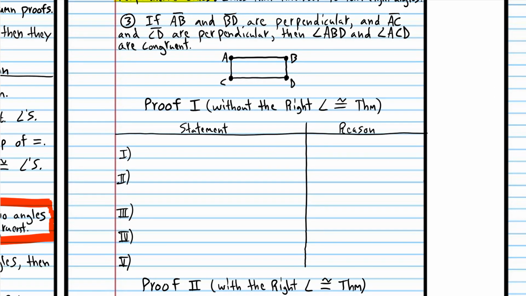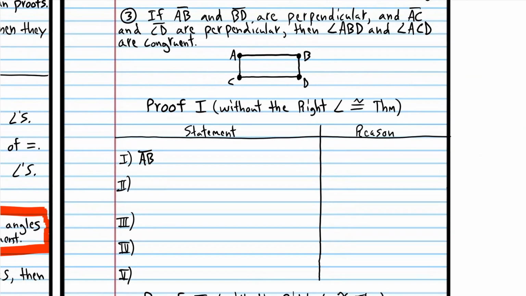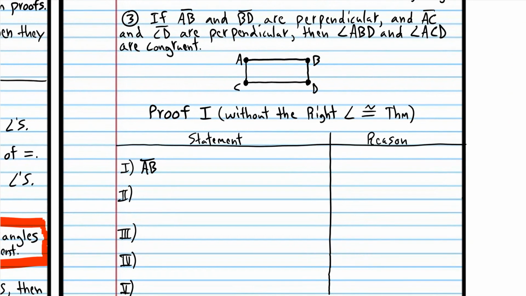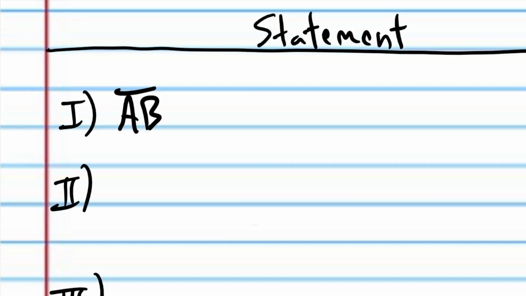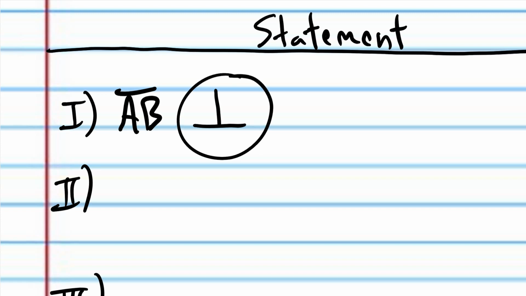So I'll start out with the given information. AB is perpendicular to BD. Now, we're going to use some shorthand notation to show the characteristic perpendicular. We're going to use this symbol right here. You see that? That means perpendicular.